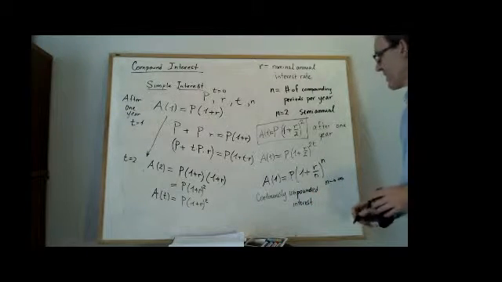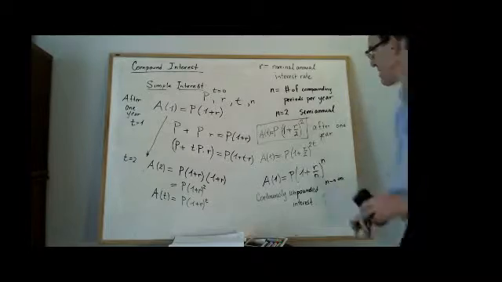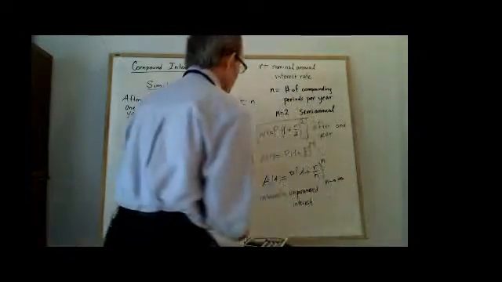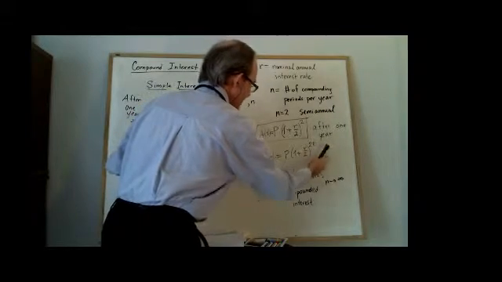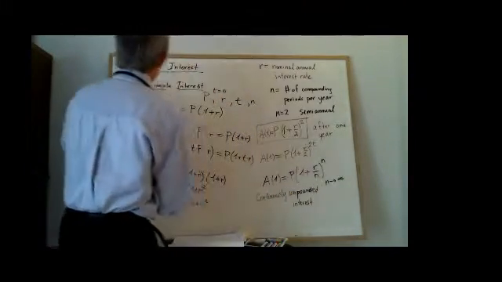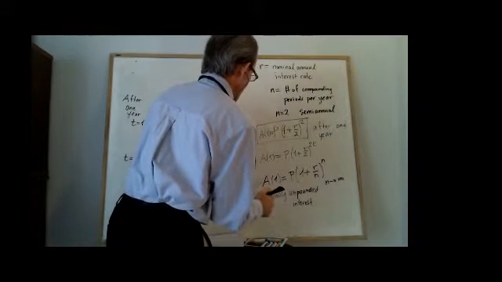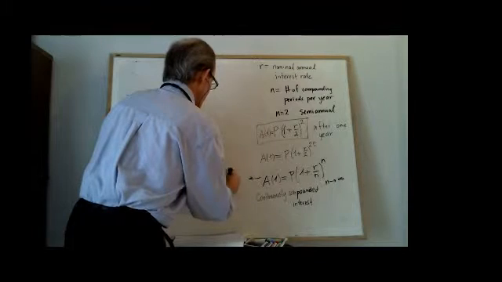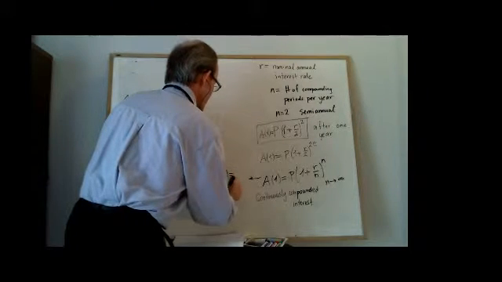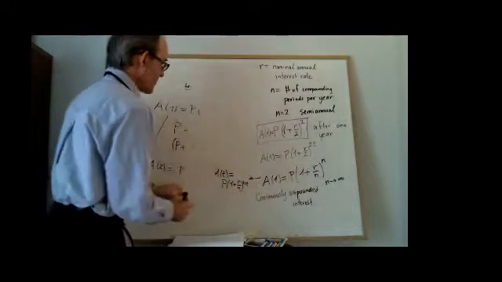Now, surprisingly, the formula is quite simple for continuously compounded interest. Oh, I forgot to mention, when you want to replace this by t here, you just put a t in there. So this is what the formula becomes if you put it over t years.